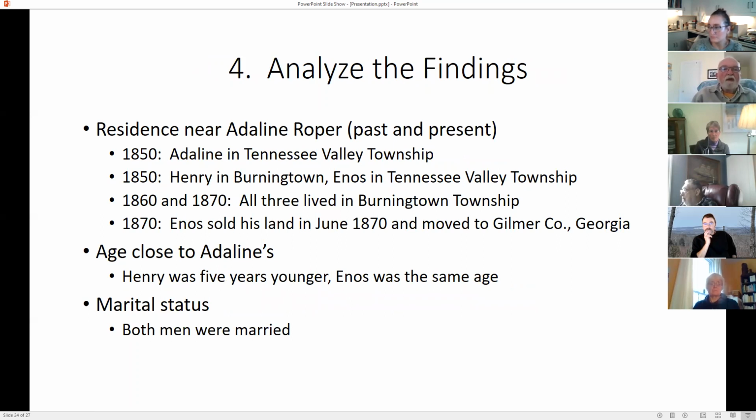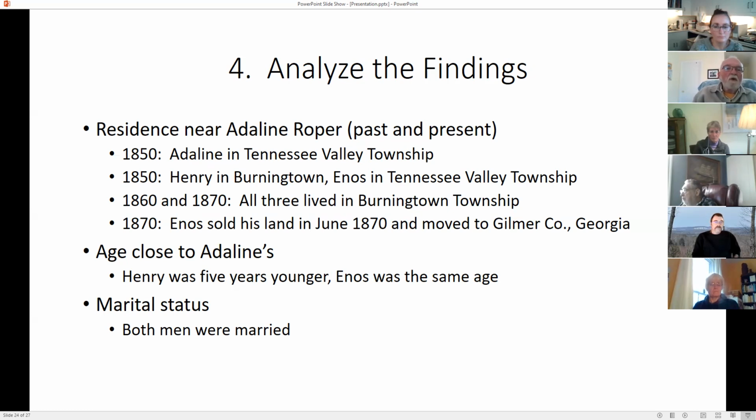Henry was living that year in Burningtown. Enos was also in Tennessee Valley Township, the same as Adeline. In 1860 and 1870, all three were in Burningtown Township. Clearly there may have been some changes in boundaries there, but they were all living close to each other in 1860 and 70.